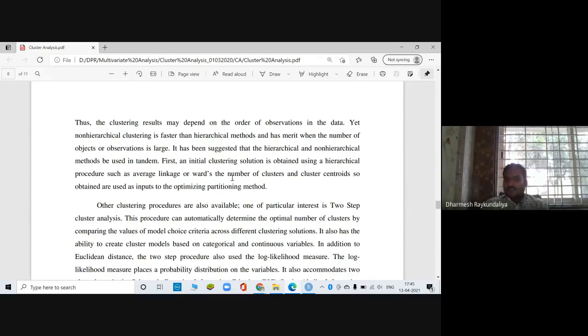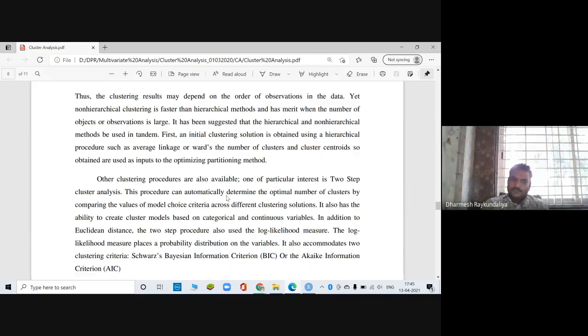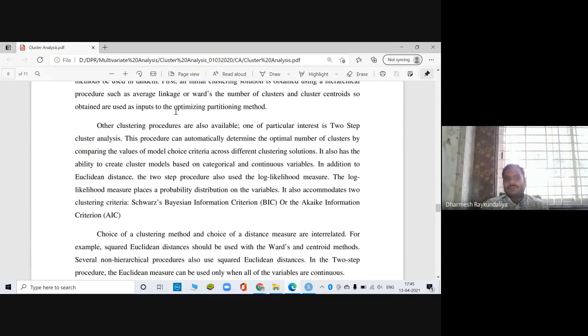Sometimes it is suggested that you use both. First you perform the initial clustering solution based on hierarchical procedures such as the average linkage, Ward's method of clustering or cluster centroid, and that gives you some idea about the number of clusters, and then use the optimized partitioning method or the k-means clustering procedure. So that is what it is saying.